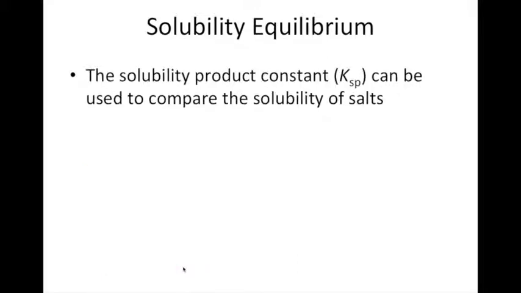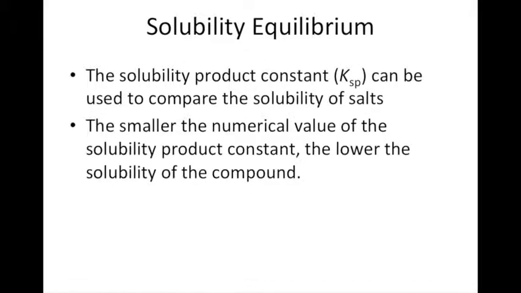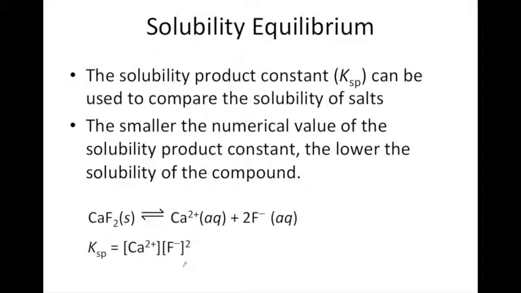So the solubility product constant can be used to compare the solubility of various ionic compounds. The smaller the numeric value of our KSP, the lower the solubility of the compound, and vice versa. The bigger the KSP, the more soluble the compound is. If we look back at our calcium fluoride, remember, here's our KSP expression.